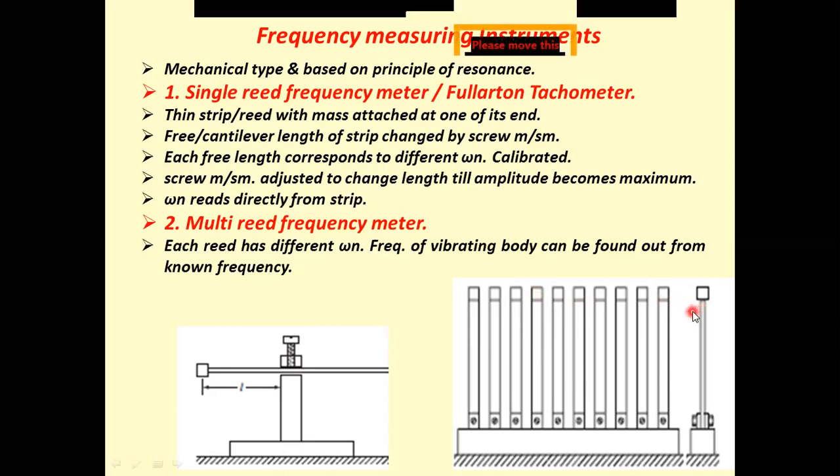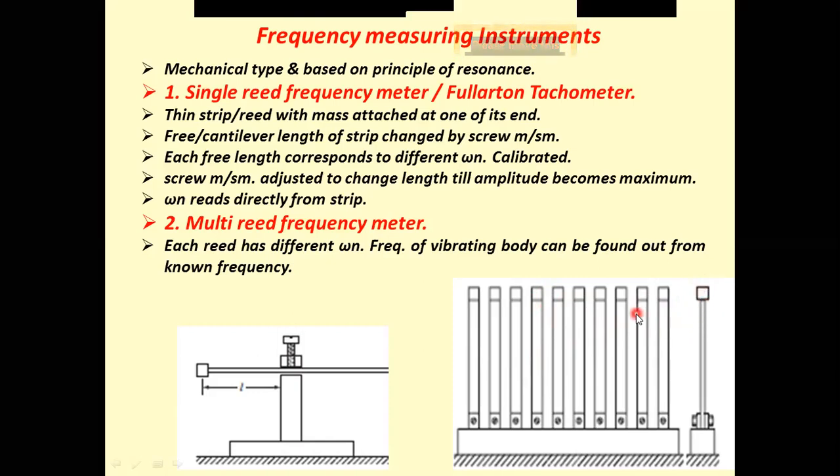The reed or strip which vibrates with maximum amplitude does so because of resonance, because the natural frequency of the strip is equal to the frequency of the vibrating body.